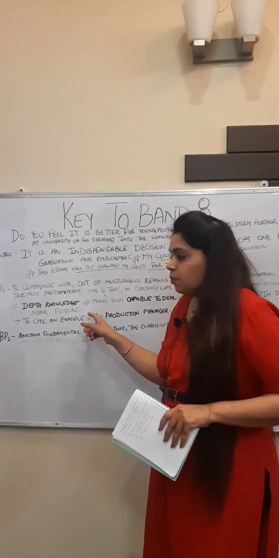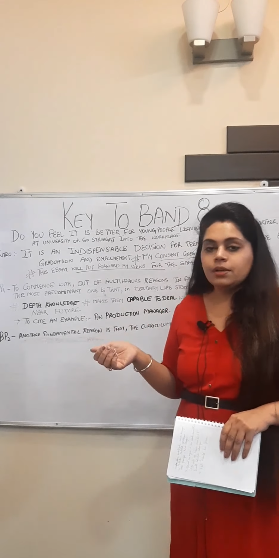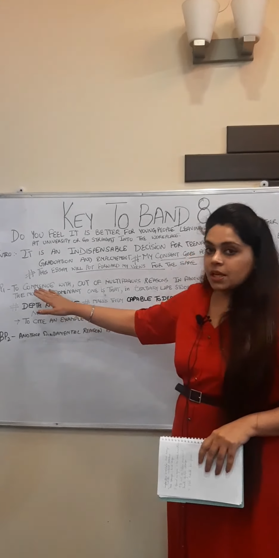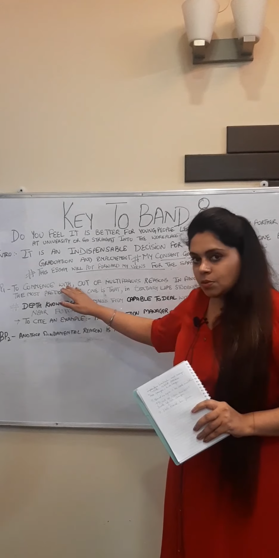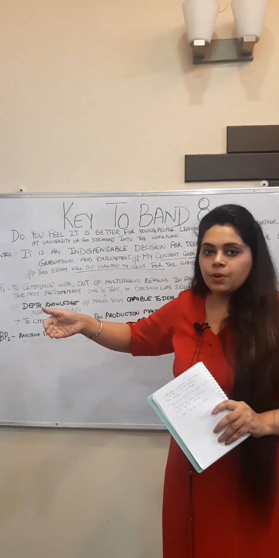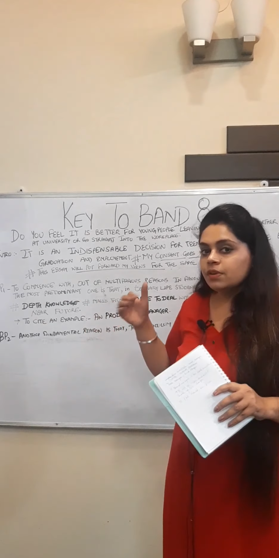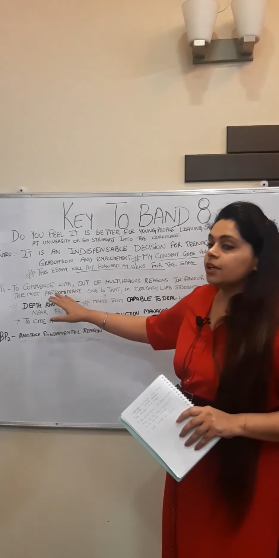So for our BP1, like I've already told you in the previous video on how to start your body paragraphs, here: to commence with, or to embark with, or to begin with. These are formal ways of starting your body paragraphs.